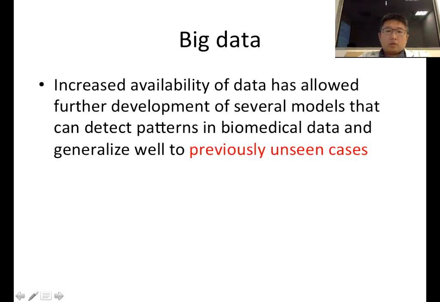Okay, so where do the major errors from big data come from?